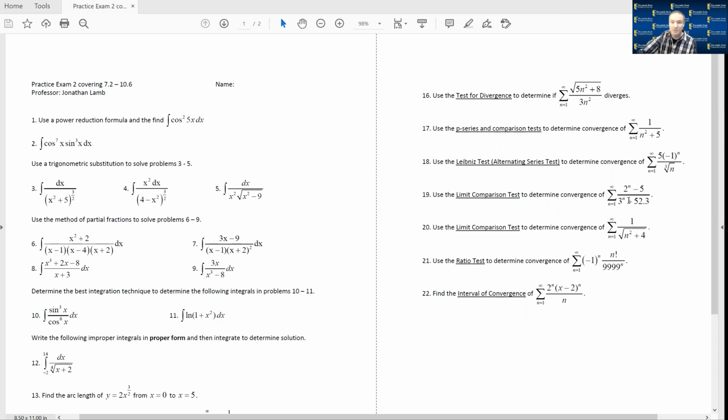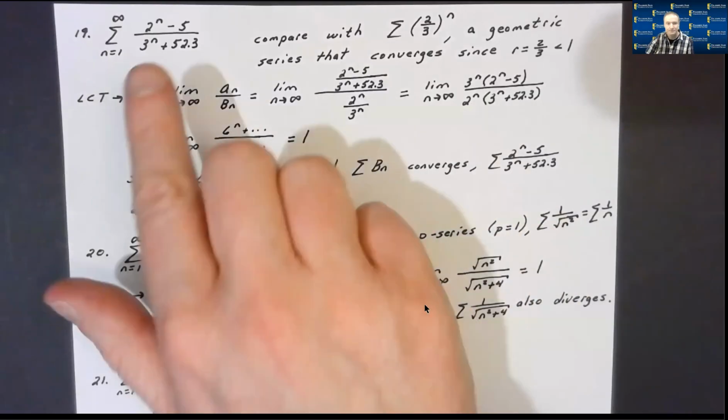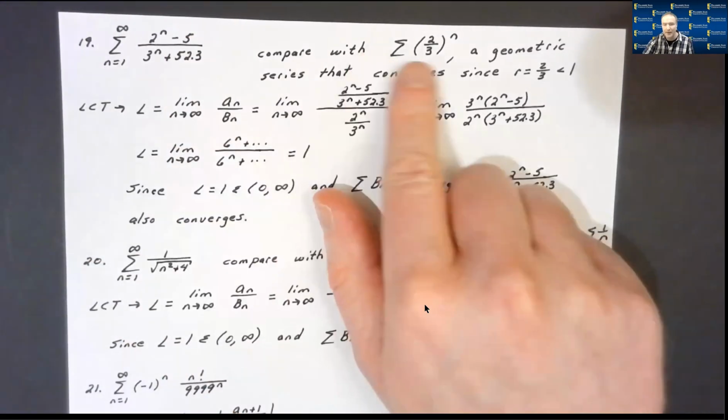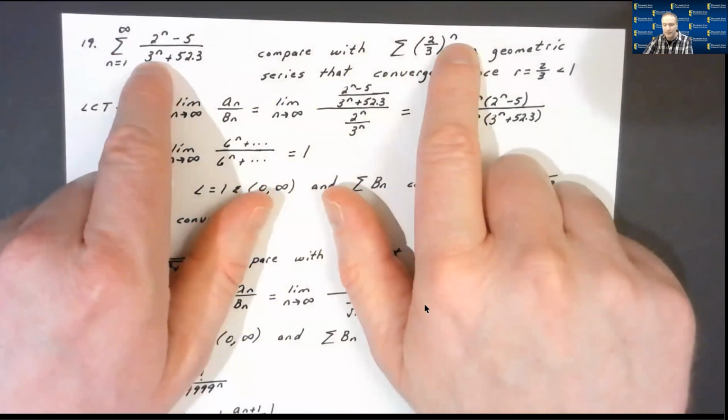Gorgeous! If it reduced down to 2/3 to the n, then it's a geometric series with an r value of 2/3, very similar to what we had right here. You just say, oh, instead of a -3/4, I could just think of this whole function as the group 2/3 to the n. That's what I did. So I said, I'm going to compare that with 2/3 to the n. You have 2 to the n in the numerator, 3 to the n in the denominator.